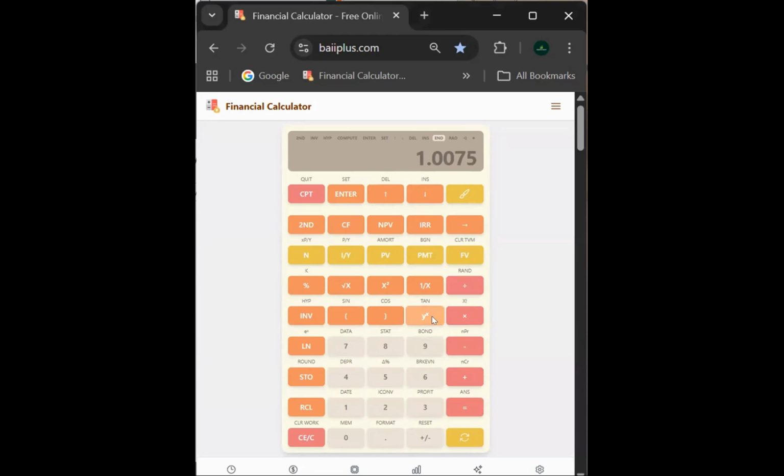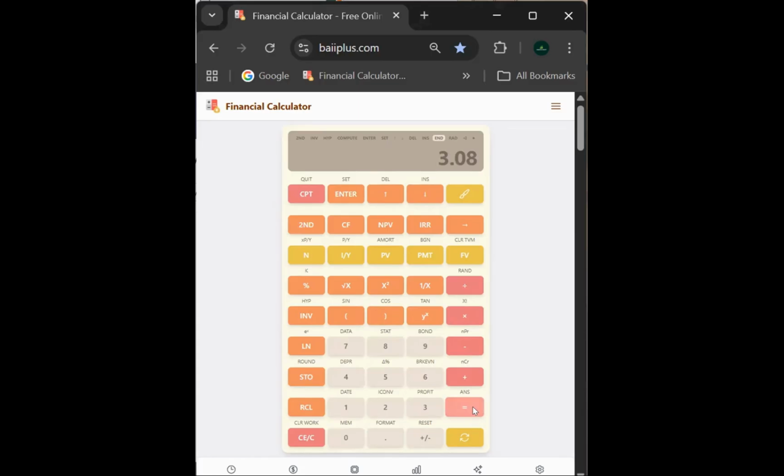Now I'm going to press the y to the power x key, and then open the parentheses. In the parentheses, I'm going to write 365 divided by 90 and close the parentheses. This is going to give me 1.03. Now I have to subtract 1 and multiply by 100 to convert it into percentage.